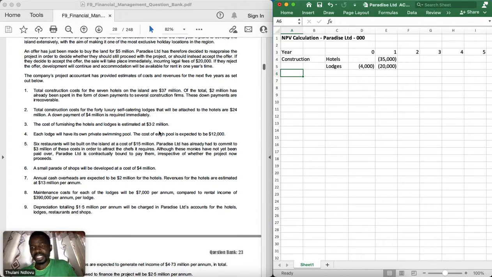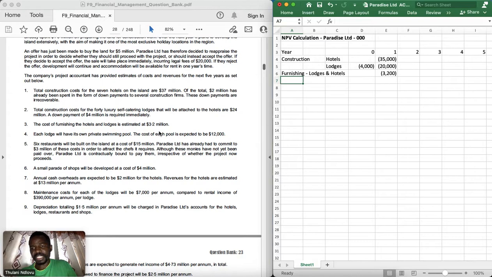Then note number 3, the cost of furnishing the hotels and lodges is estimated at 3.2 million. So furnishing lodges and hotels is 3.2 million, so it's 3,200.